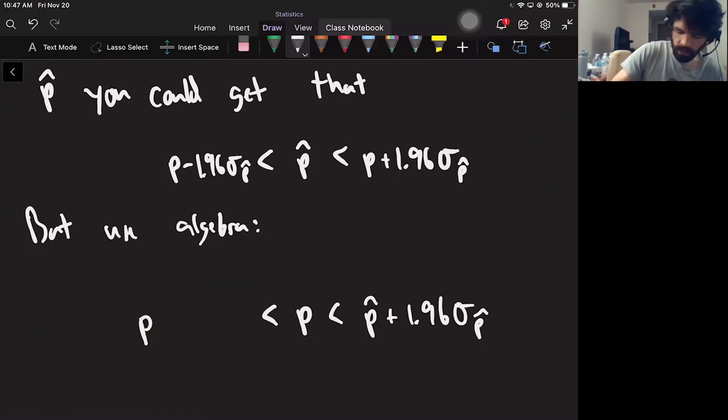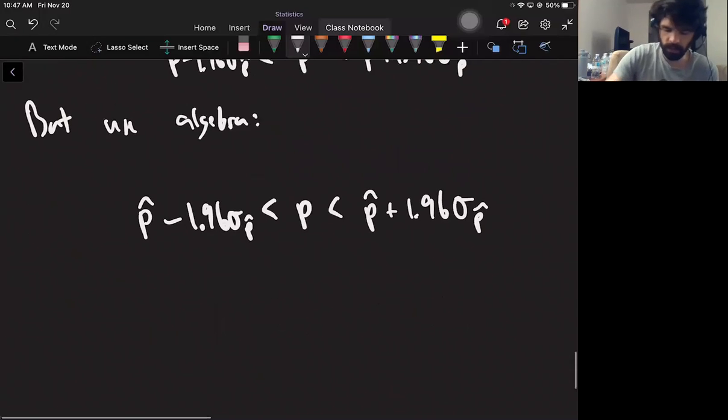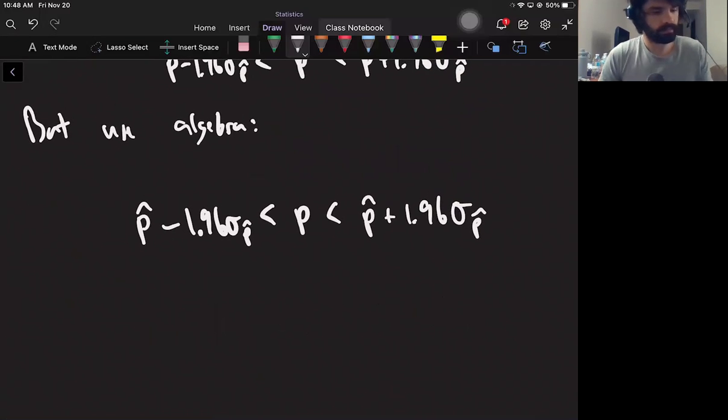So what this is telling us is that although I don't know exactly where the real proportion is, I can be pretty confident that it's between these two numbers.